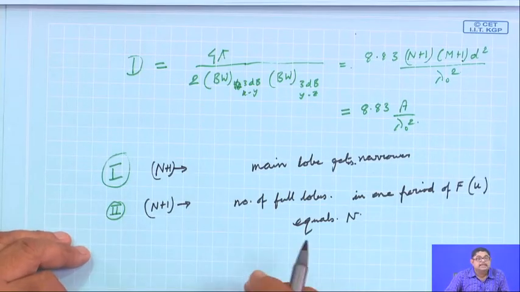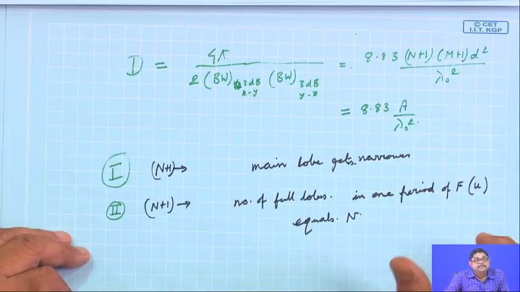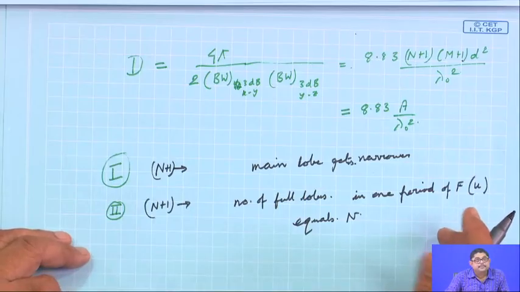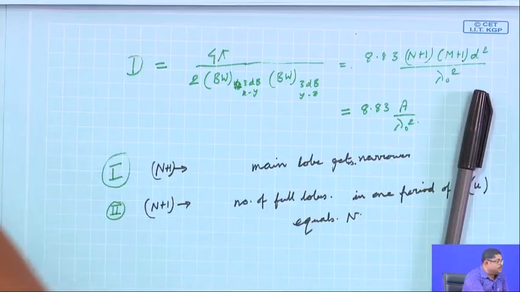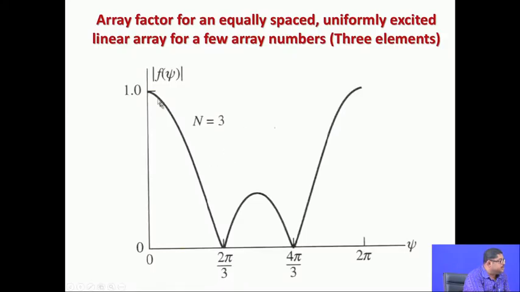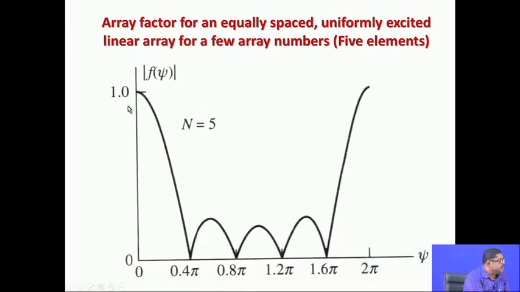That means, if I have a 3 element array, I should have 2 lobes. You see, 3 elements. So, this is one full lobe, this is one, so 2 lobes. Go to 5, so we should have 4: 1, 2, 3, 4.